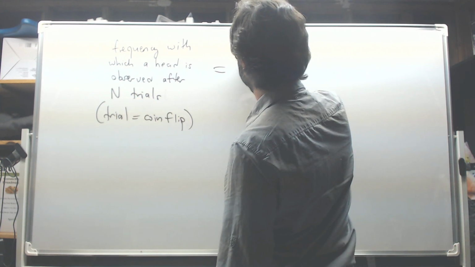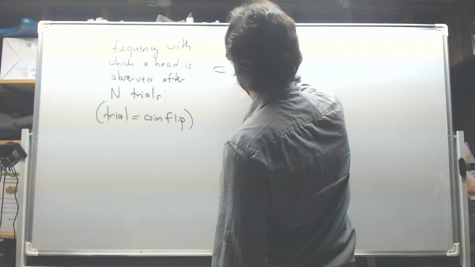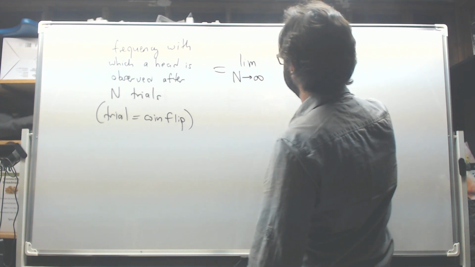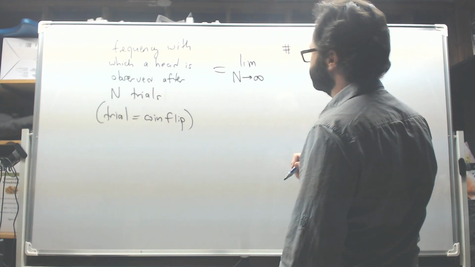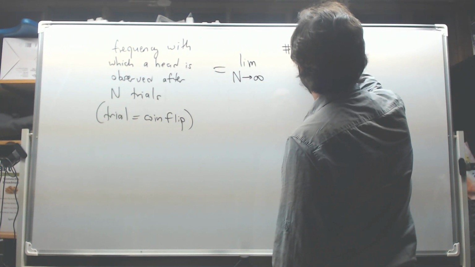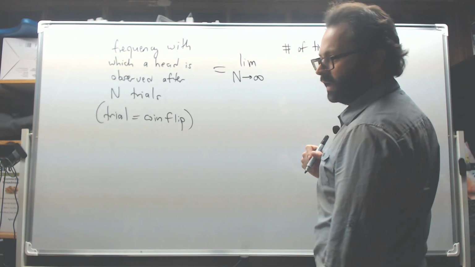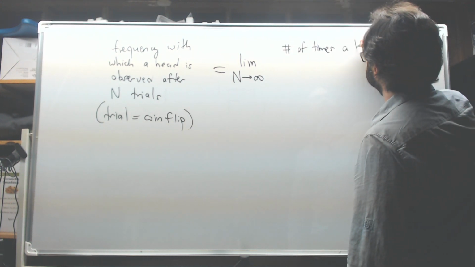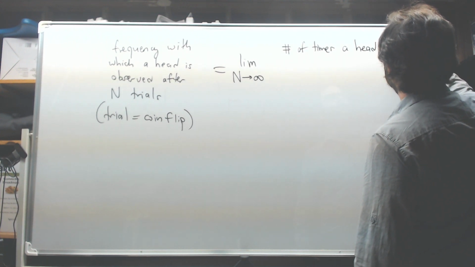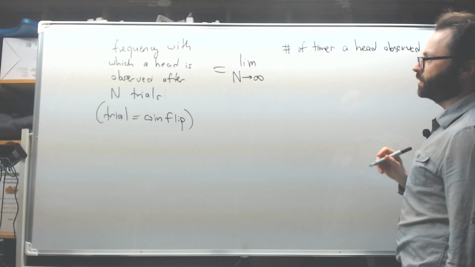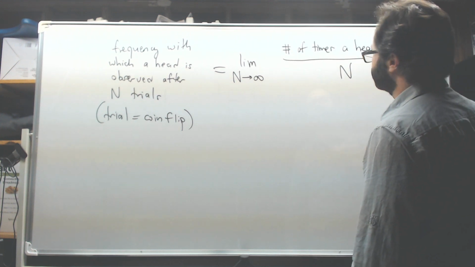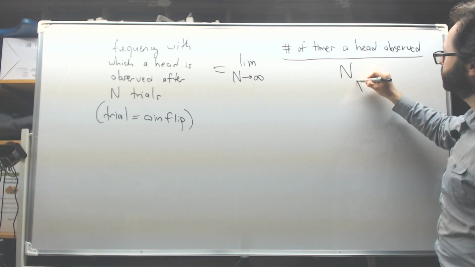So this thing is equal to the limit as the number of trials goes to infinity of the number of times that you observed a head after a coin toss, divided by the total number of trials.